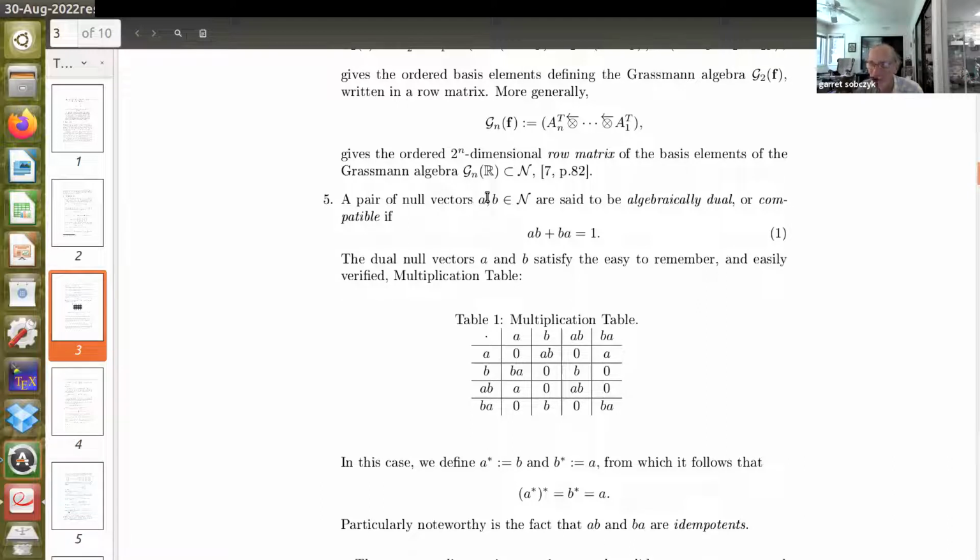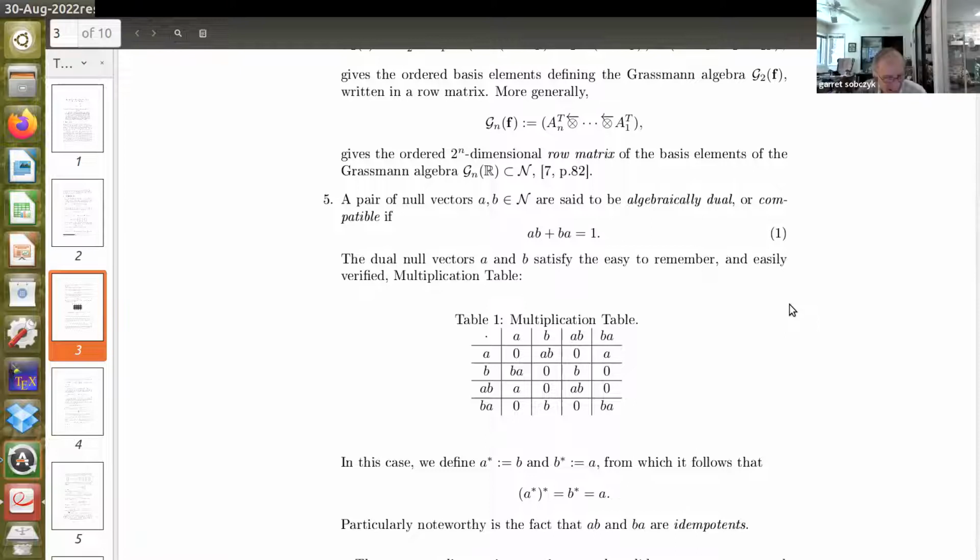See, now I'm introducing a dot product. But that's the interesting thing, because A and B are really null vectors in the compatible Grossman algebras, which satisfy this multiplication table.